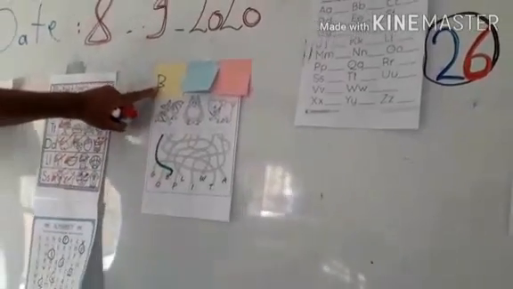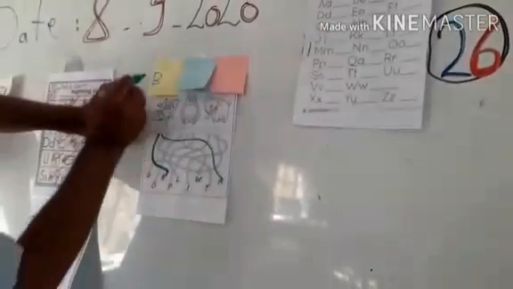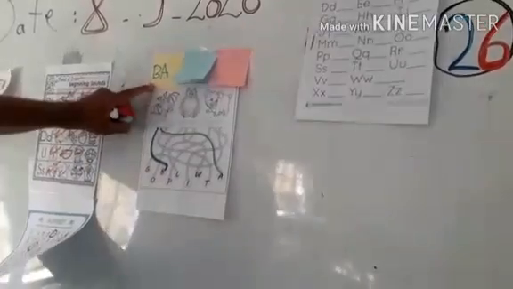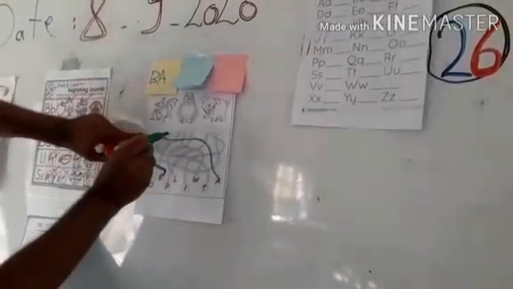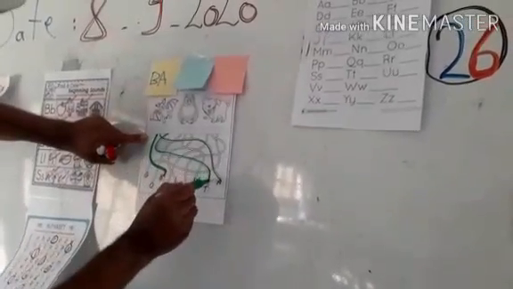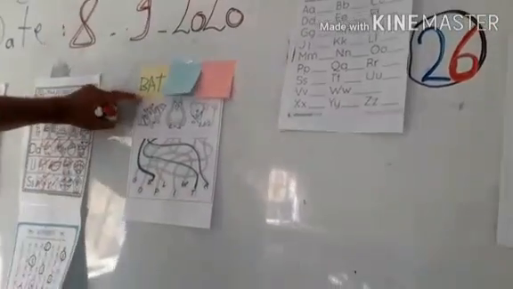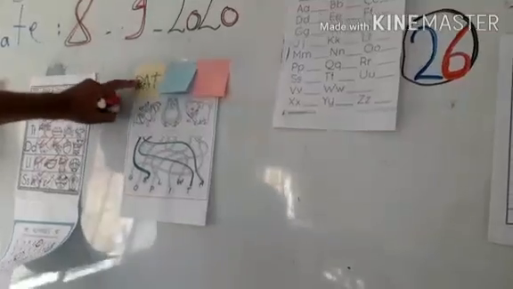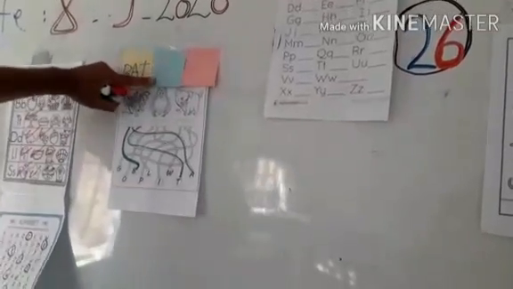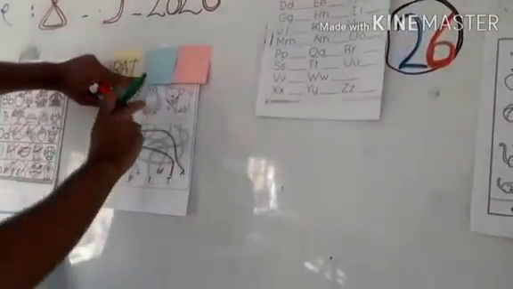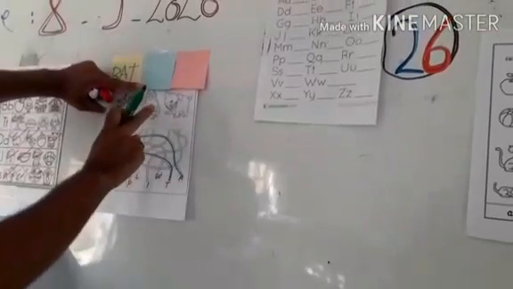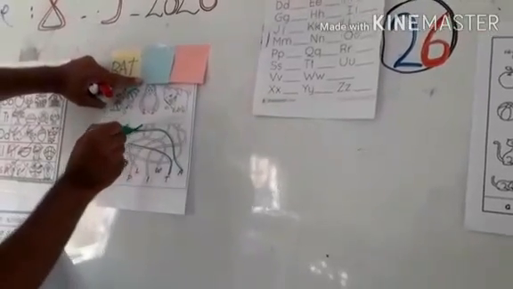B, then A, and finally we have T. So we have bat. The next one, this is an owl.